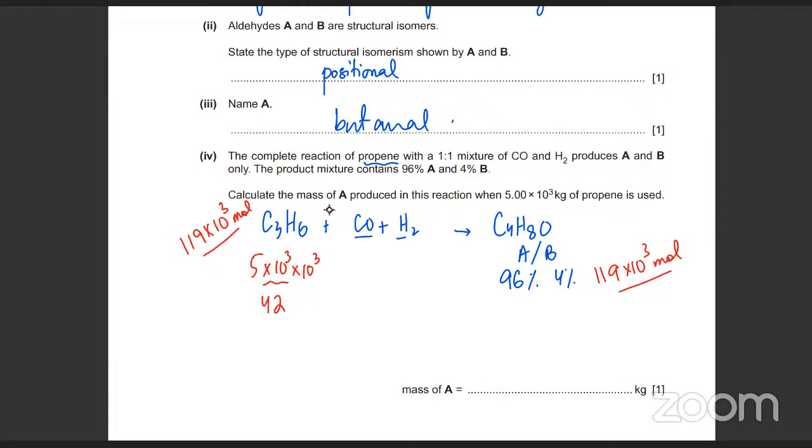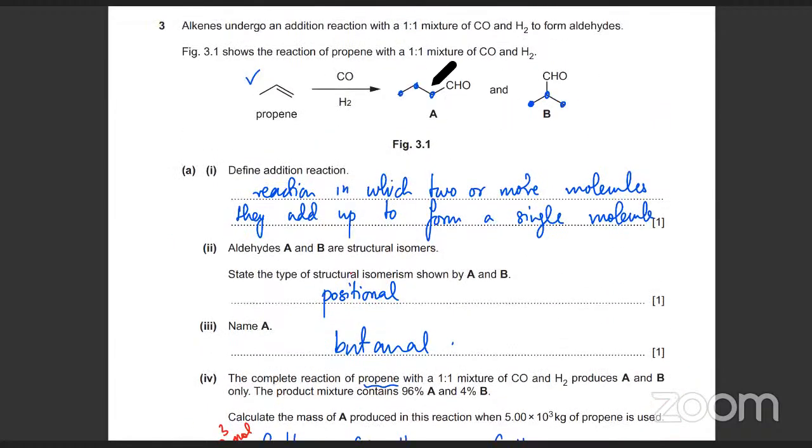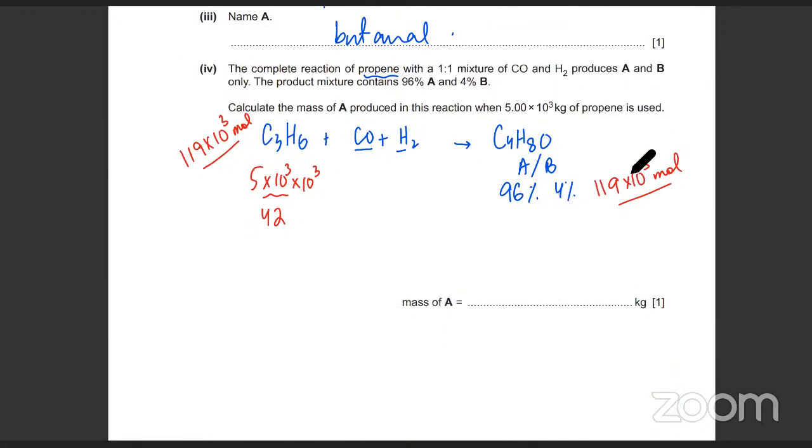And then he's saying, okay, find the mass of A. So he's saying that 96% of the C4H8O that's produced, I mean, both of them are C4H8O, but he's saying 96% of it has this structural formula. So you're going to get a total of these many moles. 96% of this, figure out what 96% of this is.